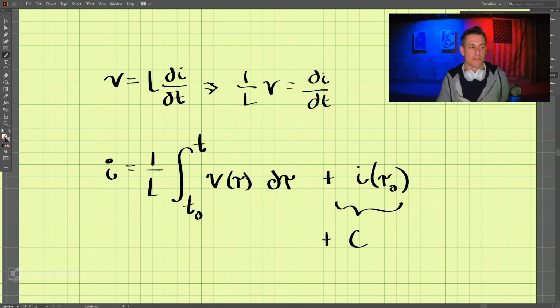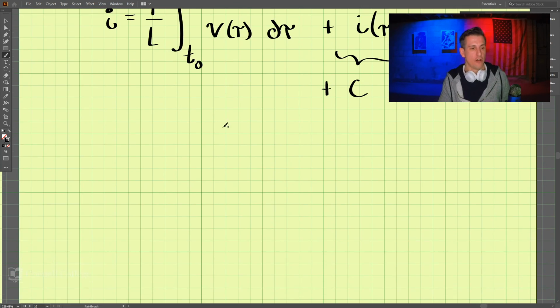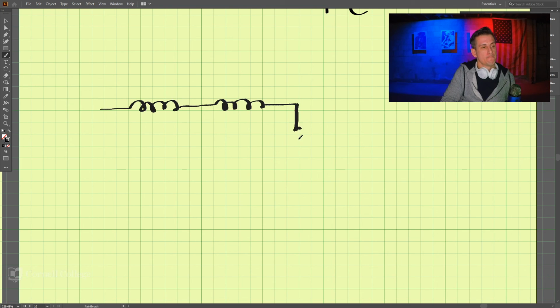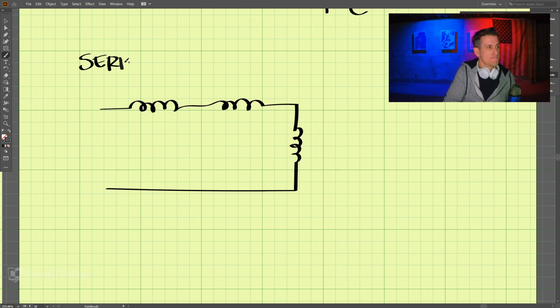Next, let's talk about series and parallel for inductors. So let's first put our inductors in series, and we can label this L1, L2, and L3.